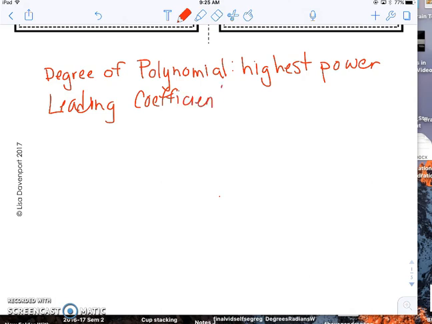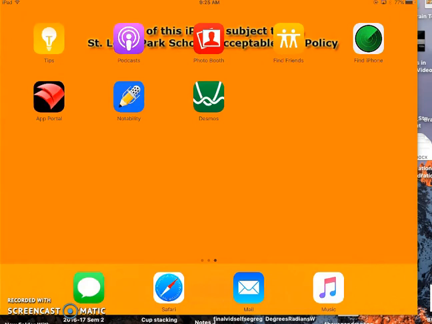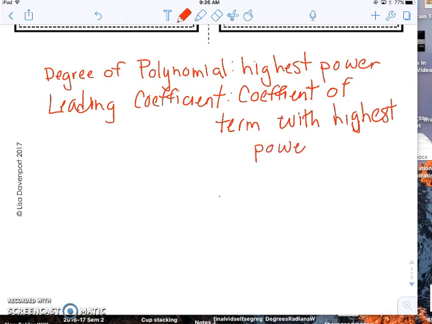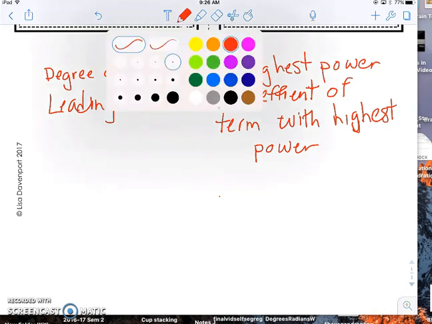And the leading coefficient is the coefficient of the term with the highest power. And we looked at a couple of examples here.